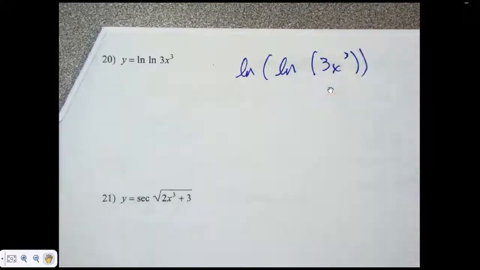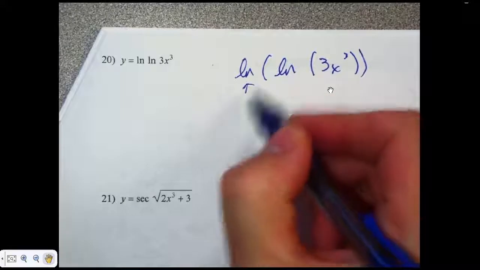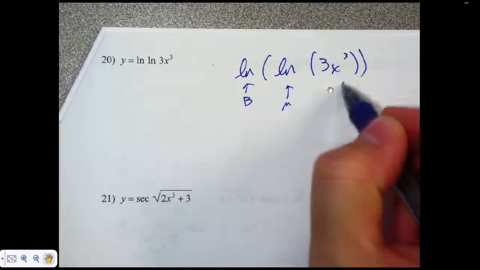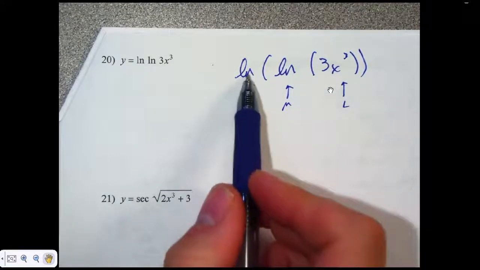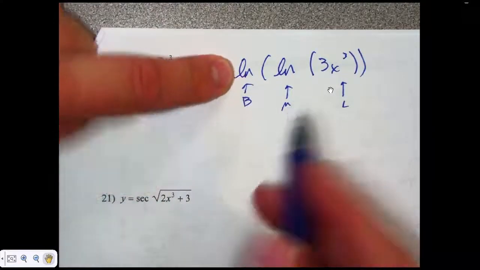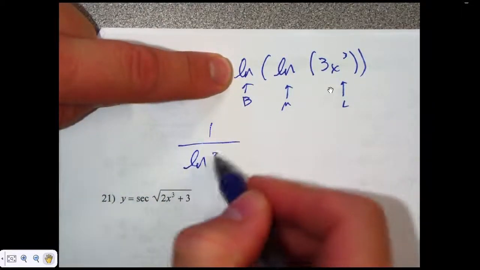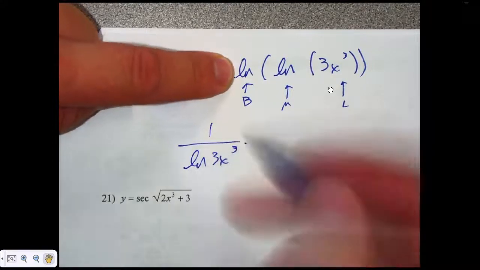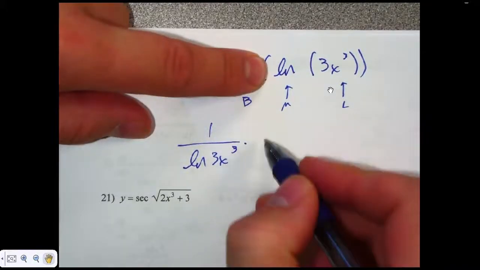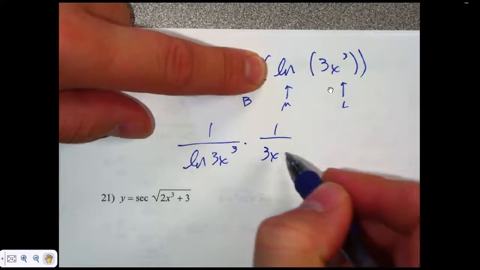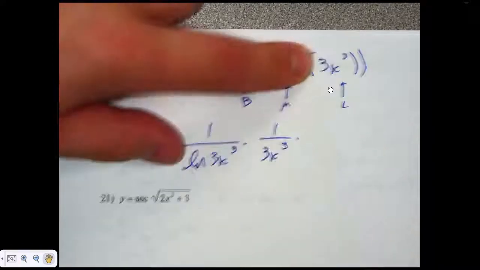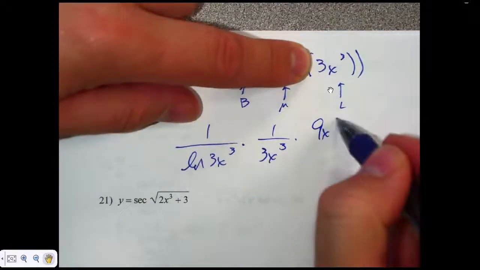I don't know if that'll help you see it or not. But this is your big, your middle, and your little. So the derivative of ln is 1 over. And then I move on to the next thing. Well, the derivative of ln is 1 over. And then I move on to the next thing, and that'd be 9x squared.